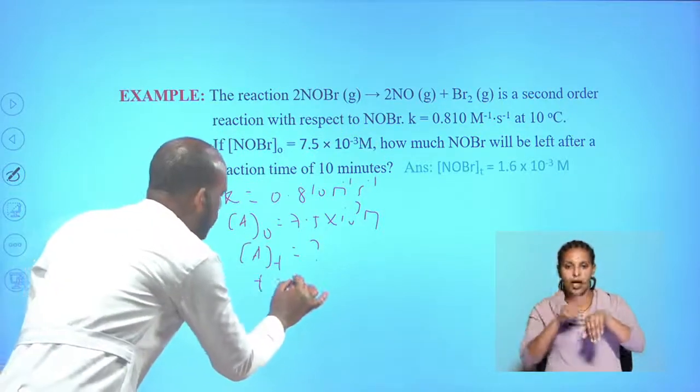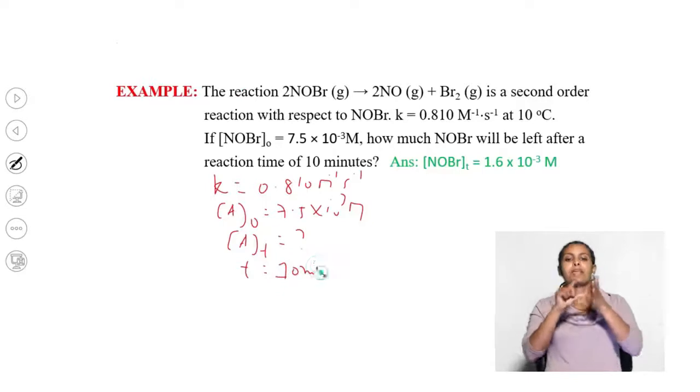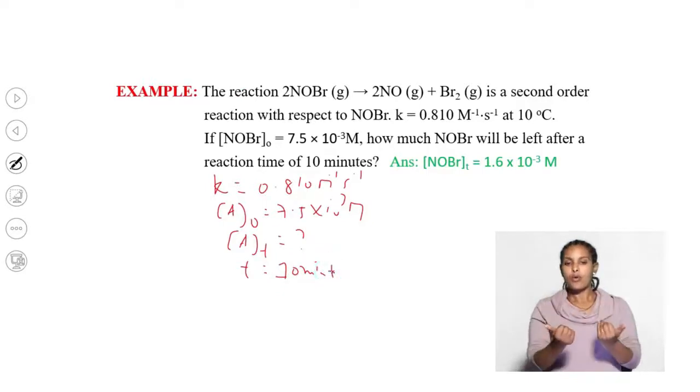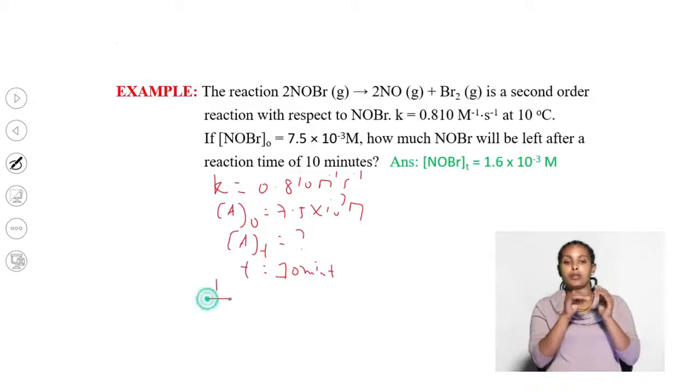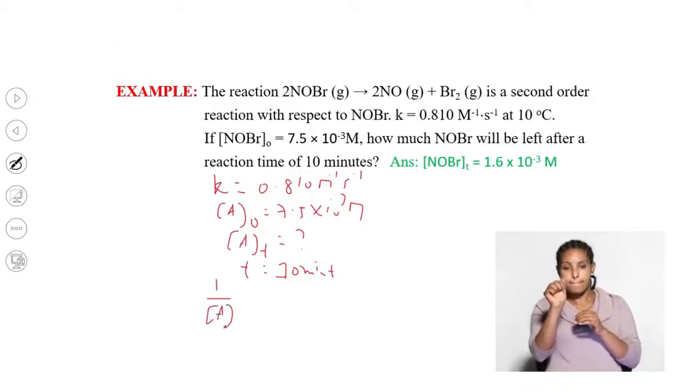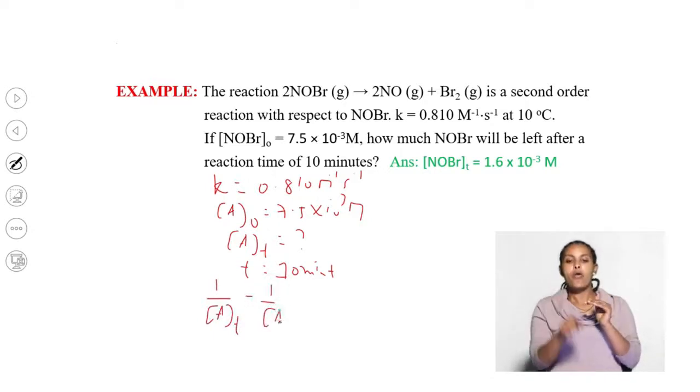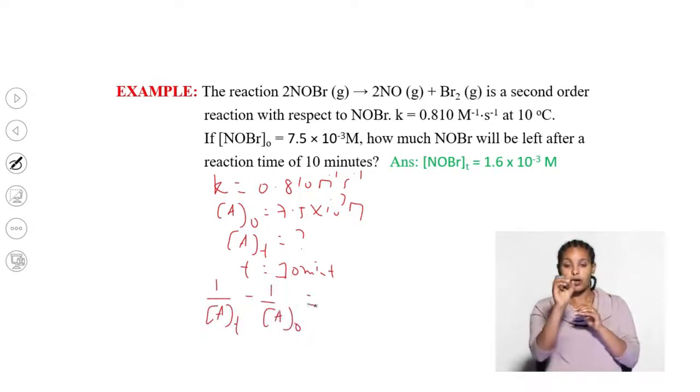Time t is 10 minutes. The integrated rate equation for a second order reaction is: 1 over concentration of M at time t minus 1 over A0, the initial concentration, equals K times t.